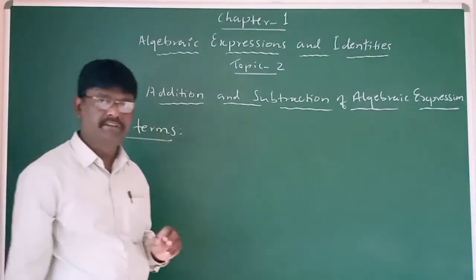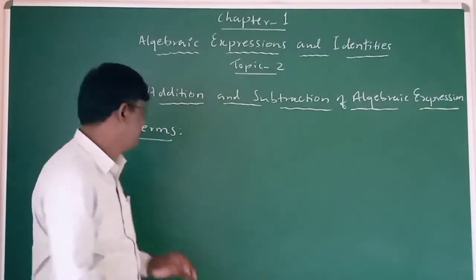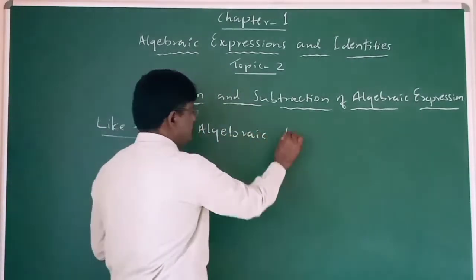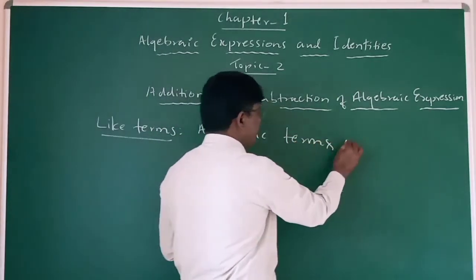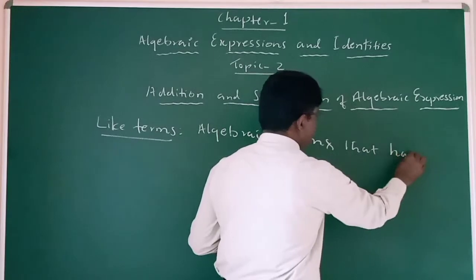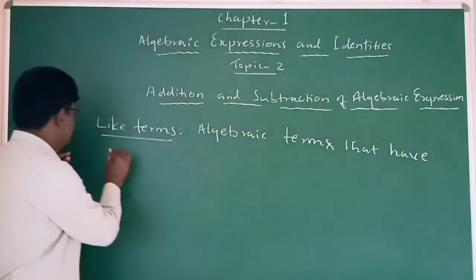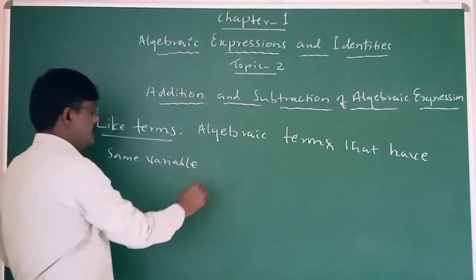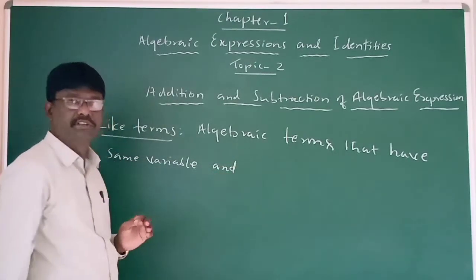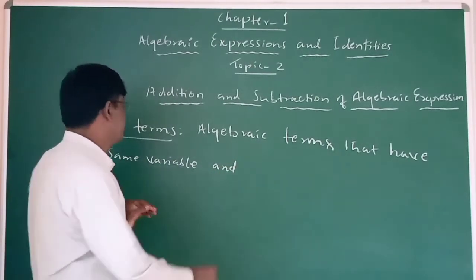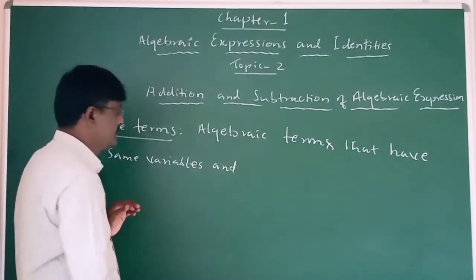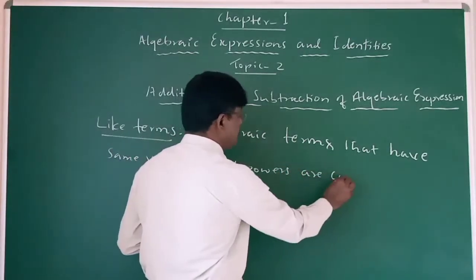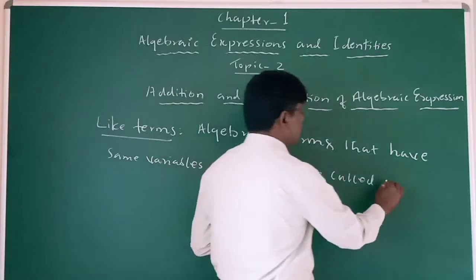We know what like terms means: algebraic terms that have the same variable, or even we could take the plural form, the same variables and the powers, are called like terms.